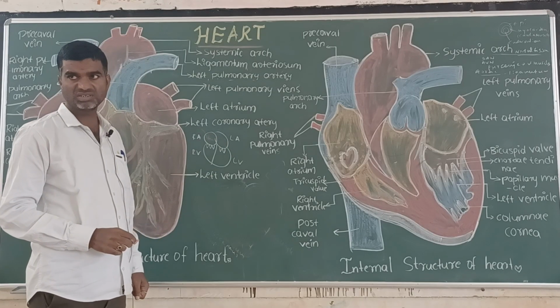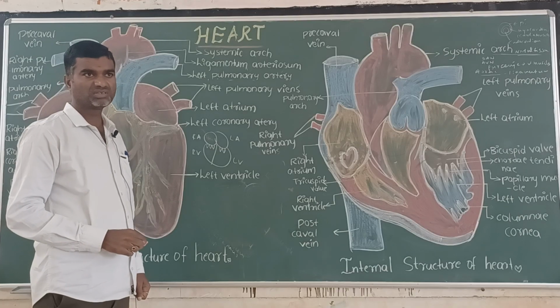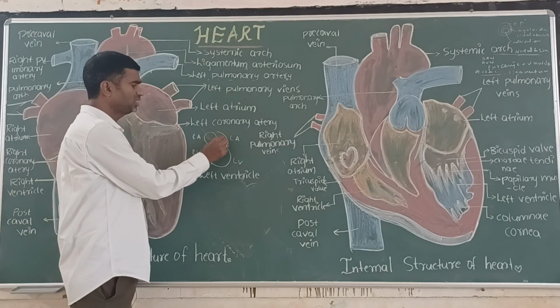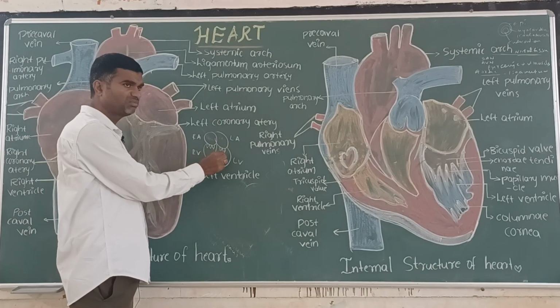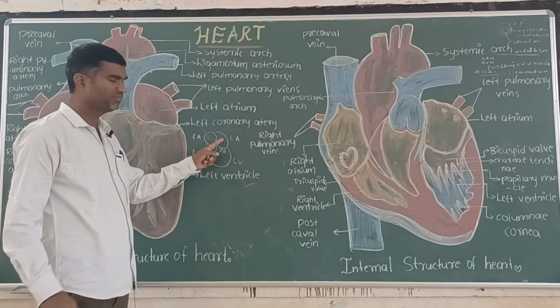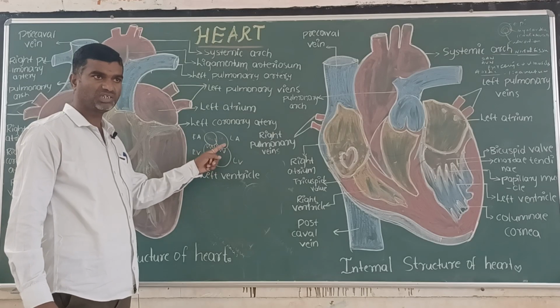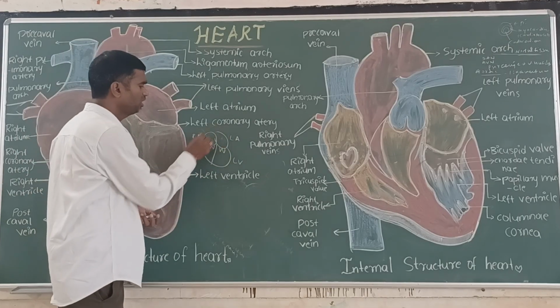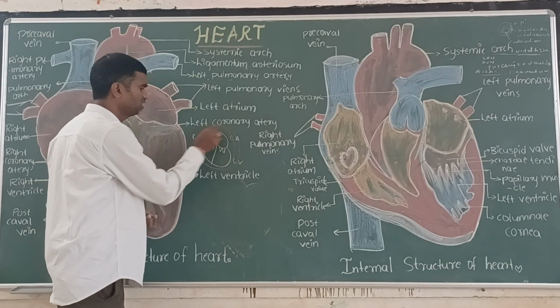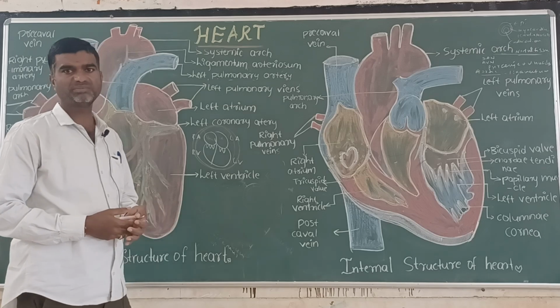Next is the left atrium, which contains oxygenated blood. It pumps the oxygenated blood from the left atrium to the left ventricle with the help of the bicuspid valve. Likewise, the layers are forming here, that is called the parietal layer.